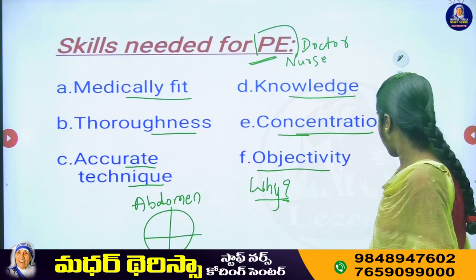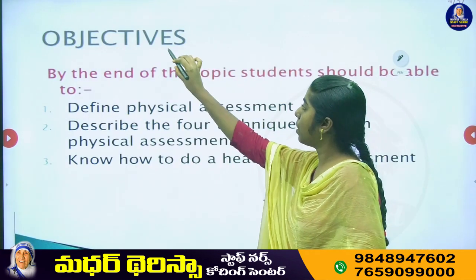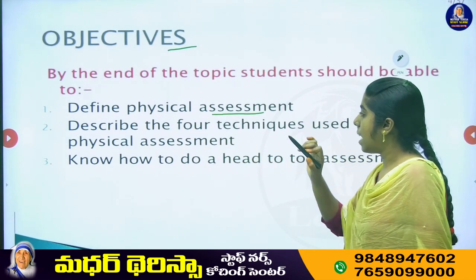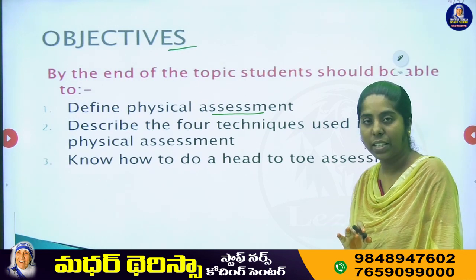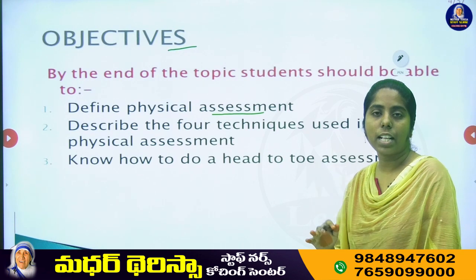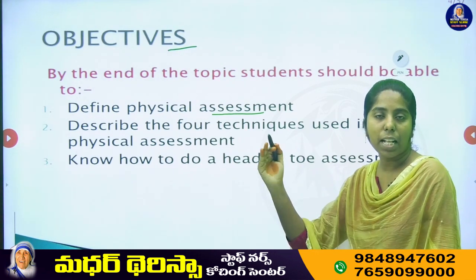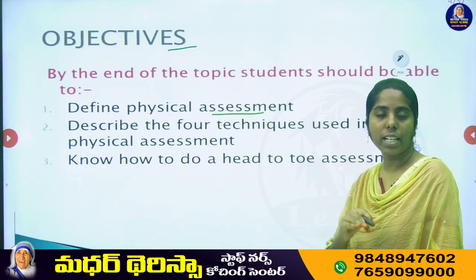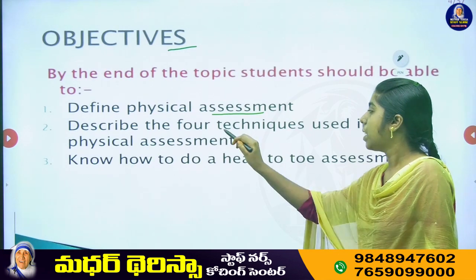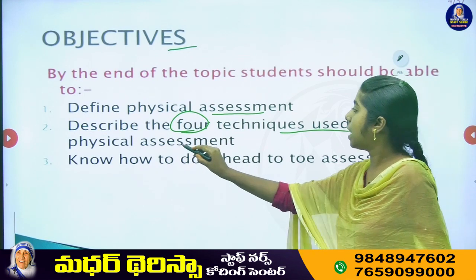Then next, objectives. To define physical assessment: it is an assessment where a client's conditions can be ruled out and he can be treated with accurate medications. That is a physical examination. Describe 4 techniques used in the physical assessment.